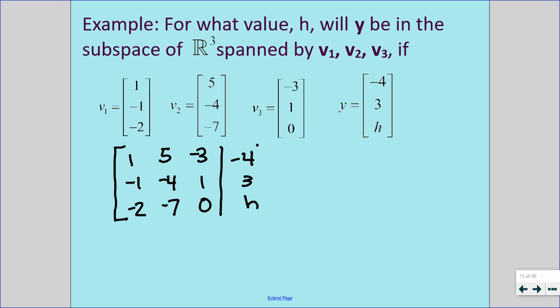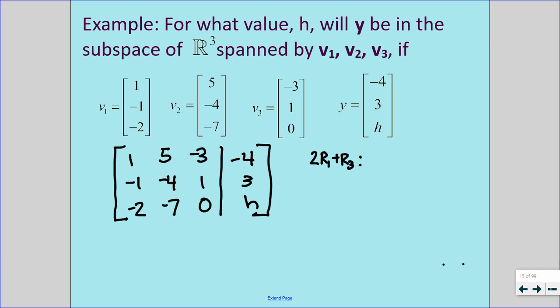So essentially, we are figuring out for what values H must be for this to be a consistent equation. So what I'm going to do to solve is get to echelon form. So I'm going to do 2R1, let's say plus R3.